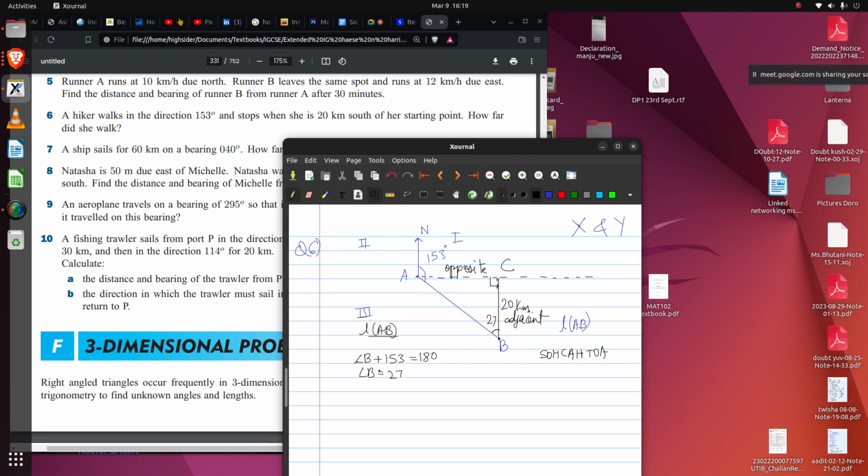Then you have to find the equation, whether sine, cos or tan. So how do I decide? Opposite, adjacent, so you can use the tan ratio again. But do I know the opposite side? What am I looking for exactly?